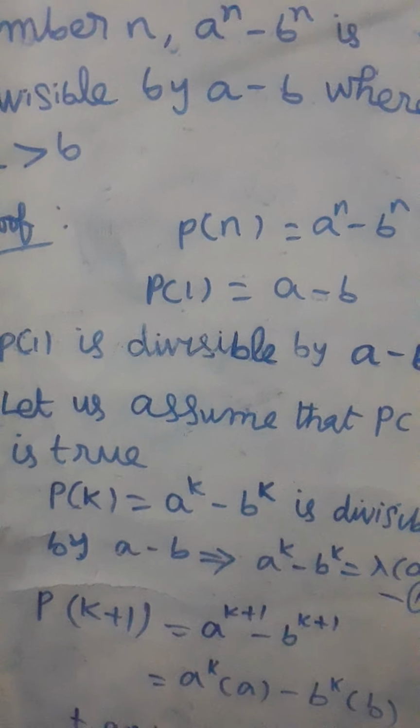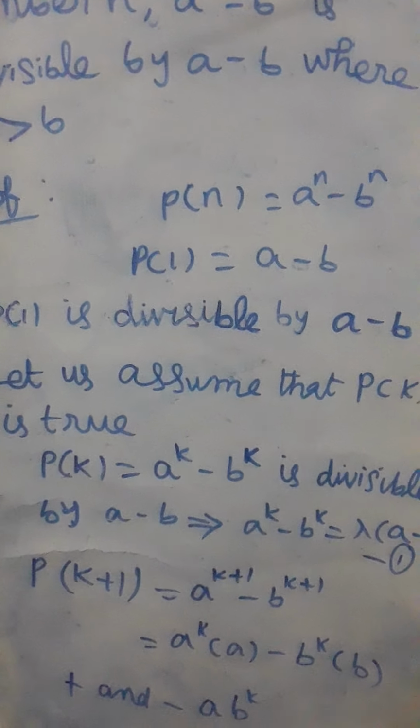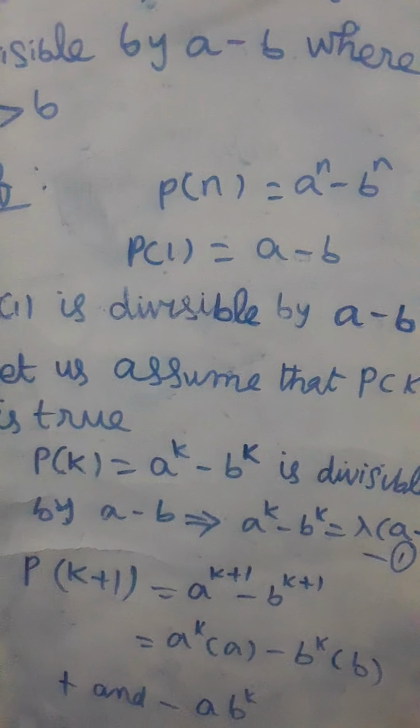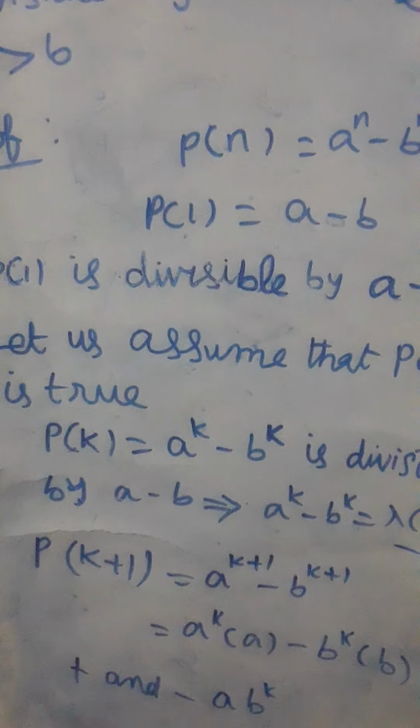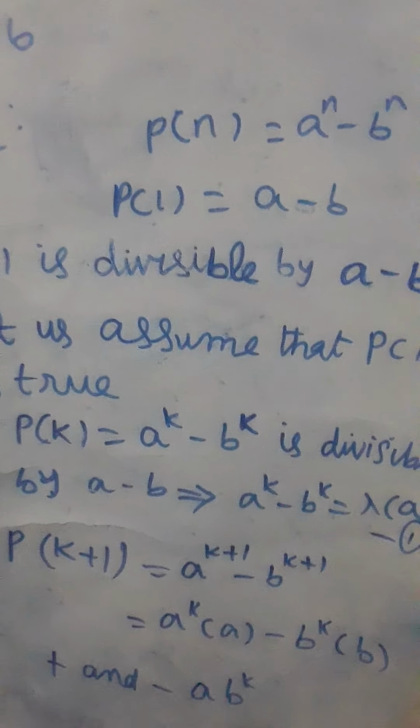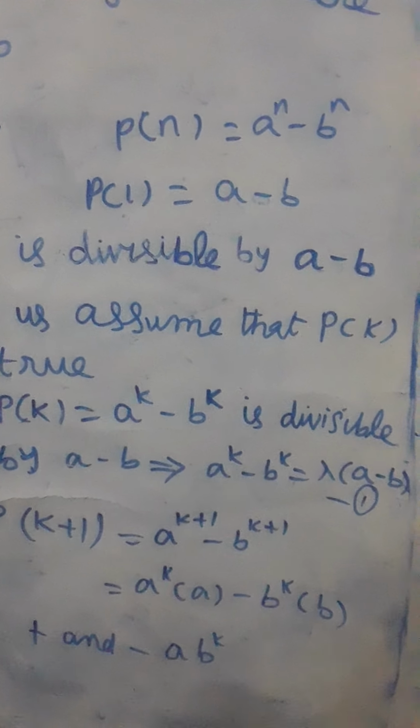Let us assume the statement is true for p of k. That is, p of k equals a power k minus b power k is divisible by a minus b. This is our assumption.